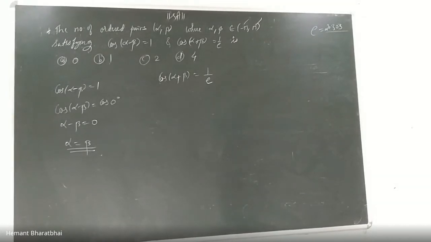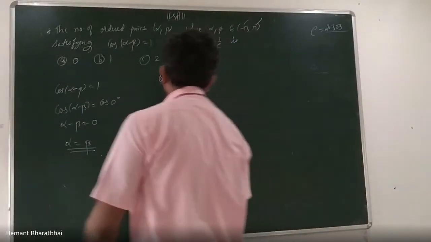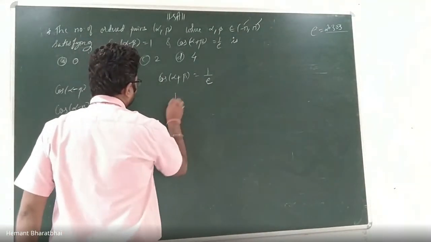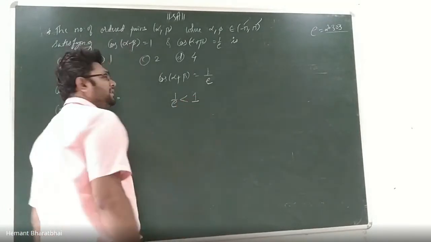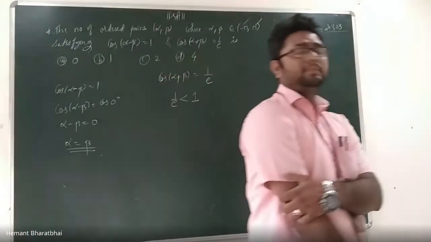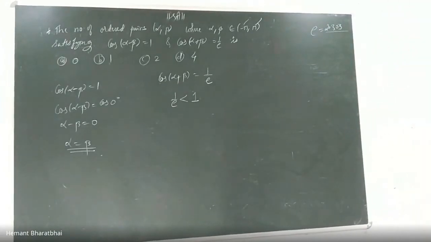So it is obviously 2 point something, which means that my 1 upon e will always be less than 1. Because e is 2 point something, it means that this will always be less than 1.